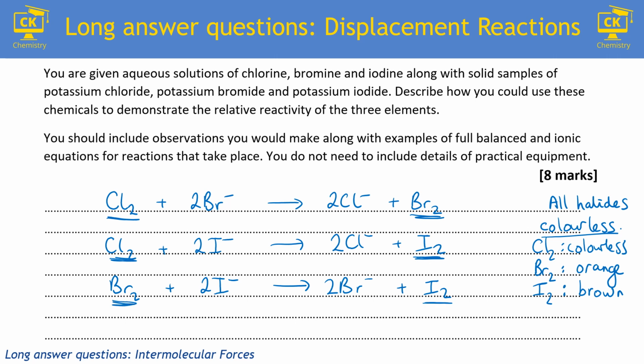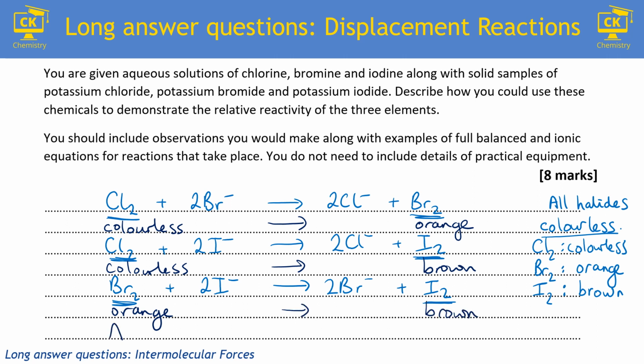And now we can write our observations, and I am going to write observations for all three of the reactions that happen. So that is going to be colourless to orange, colourless to brown, and orange to brown.